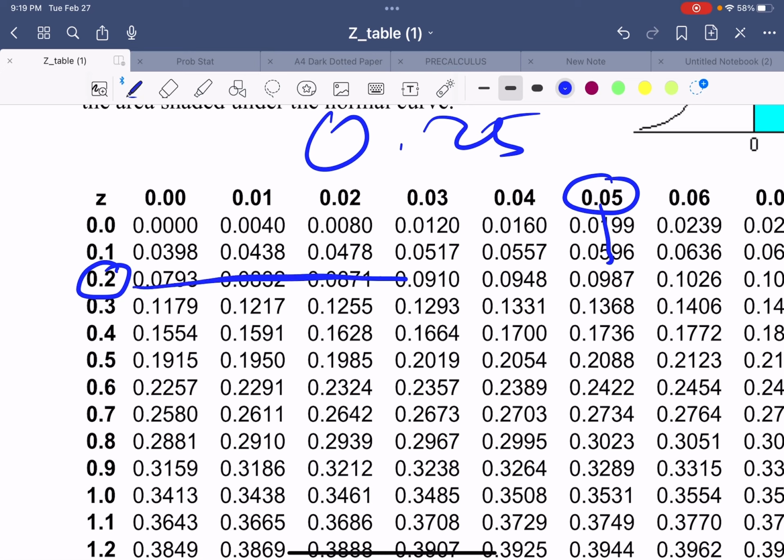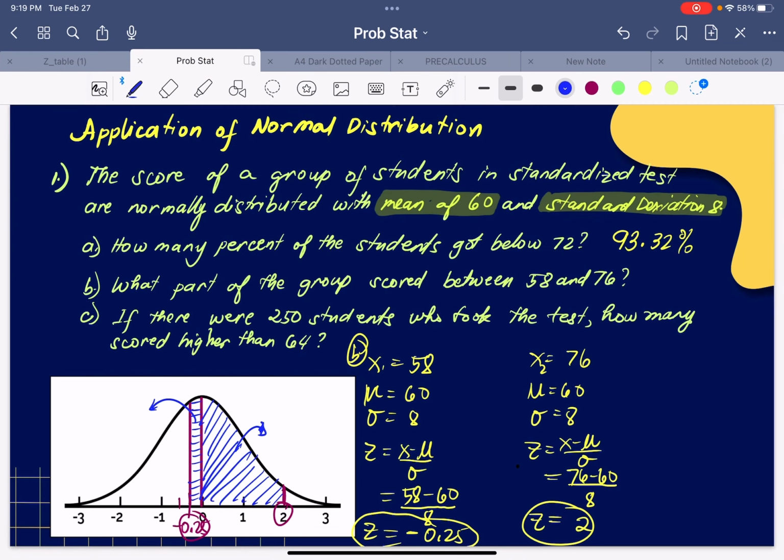So the area under the normal curve is 0.0987. So that is between 0 and negative 0.25.